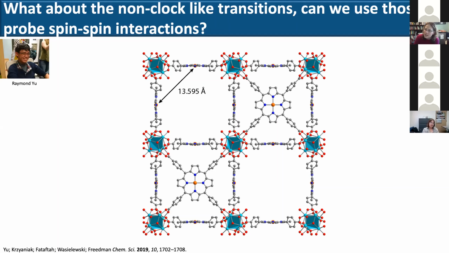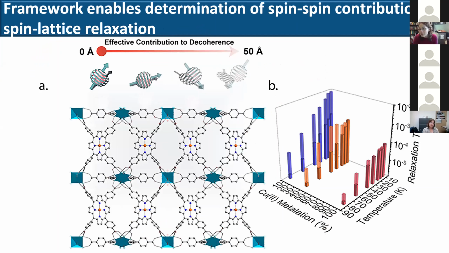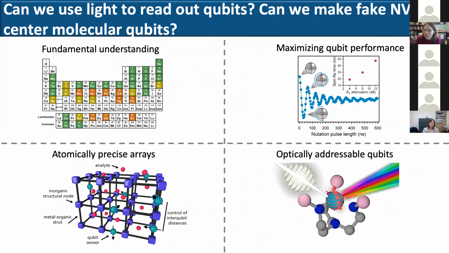So we use these data to model, for example, the sphere of spins 13.5 angstroms apart, et cetera, and see which ones contributed to decoherence. What Raymond found is that the spins that were 50 angstroms away no longer contributed to decoherence, so 5 nanometers. And so we're working on following that up now.